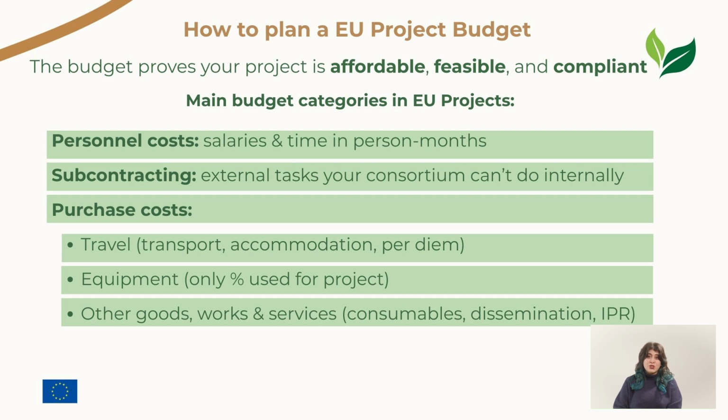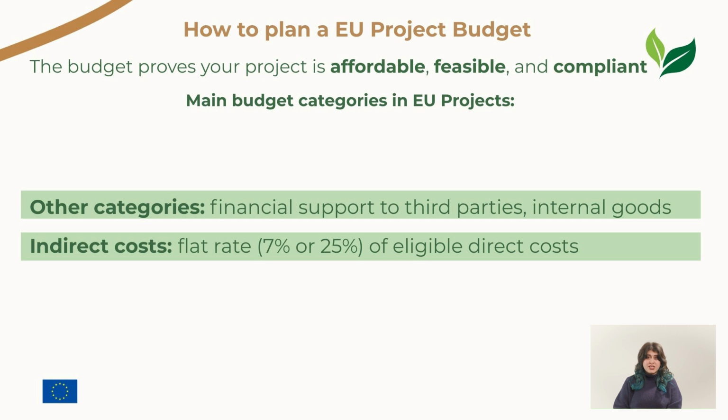Finally, other goods, works, and services include consumables and supplies, dissemination and communication costs, such as publication fees and conference fees, and costs related to intellectual property rights. Additionally, the beneficiaries or affiliated entities may charge costs under other cost categories, including financial support to third parties and internally invoiced goods.